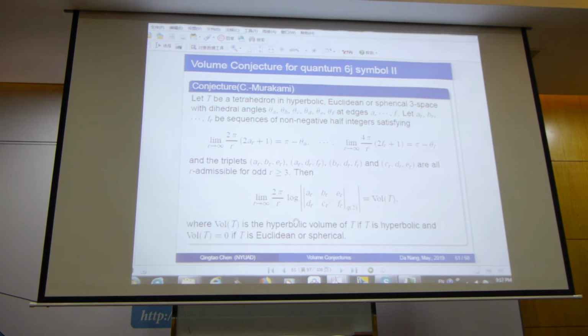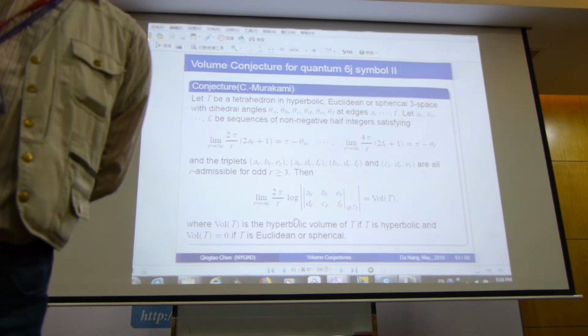And here is my work with Murakami. One hyperbolic tetrahedron: the quantum 6j symbol gives you the hyperbolic volume of the single tetrahedron. Is it true for all the hyperbolic cases?